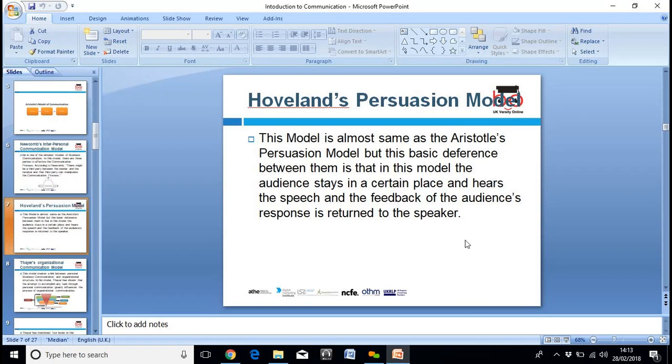It's a bit like written communication where, for instance, when you start to produce some material towards this qualification, you'll probably email that to your tutor, who will have a look at it, give you some feedback, and send it back to you. But this model involves the audience in returning response to the speaker.